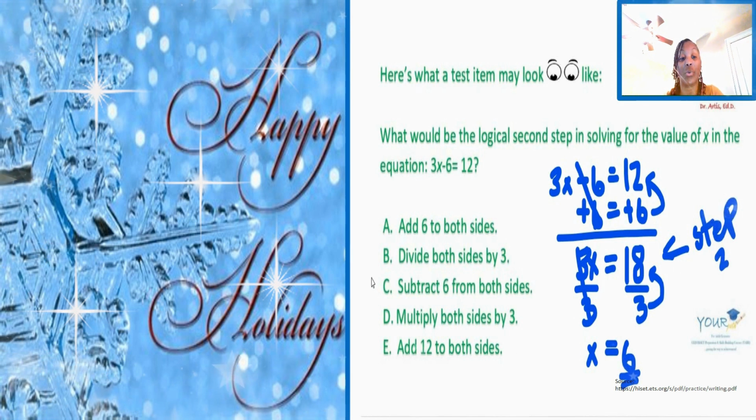Now we can come over to our options and see that option B, divide both sides by 3, is the correct choice.